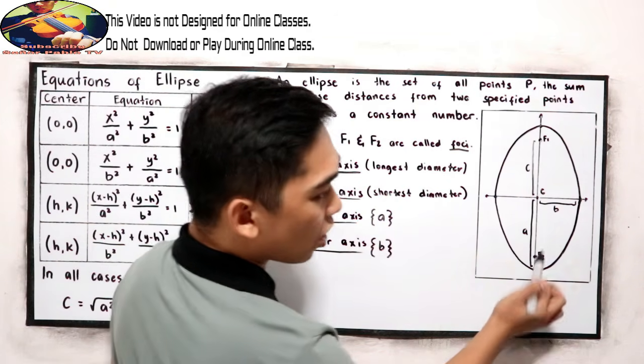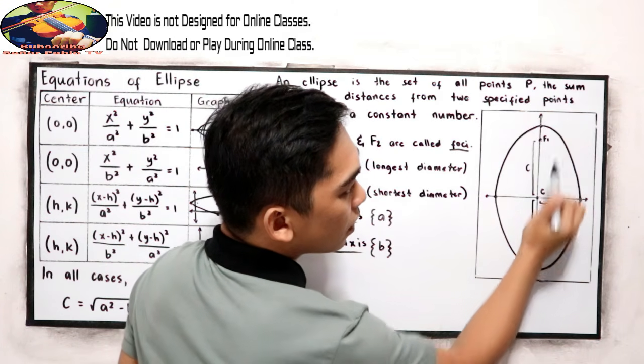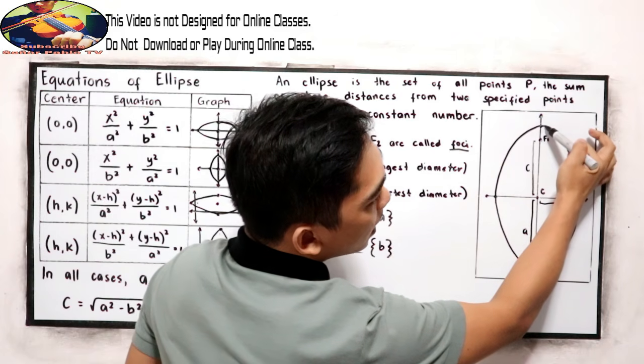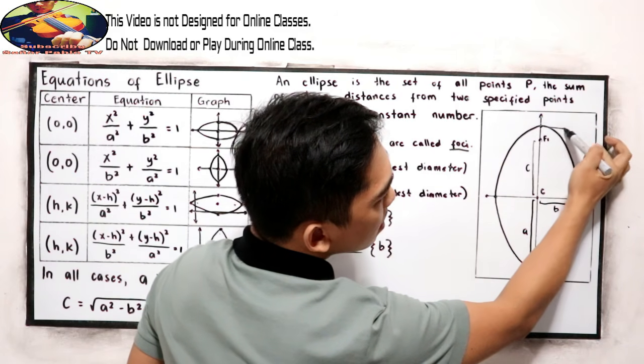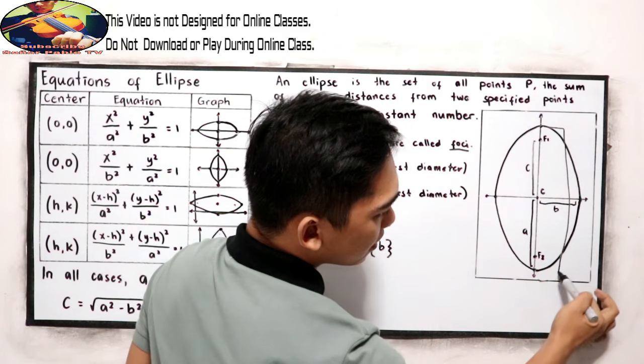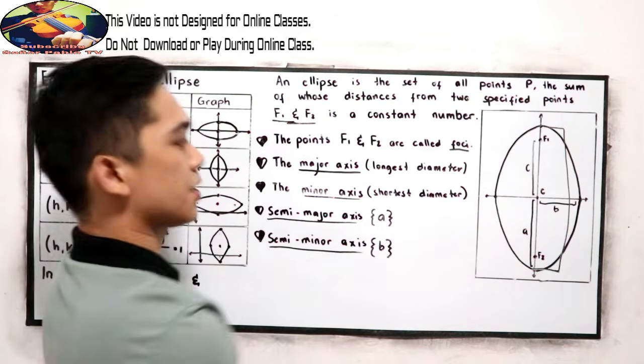So this is our longest axis, from the vertex to another vertex of our ellipse. That is the major axis.